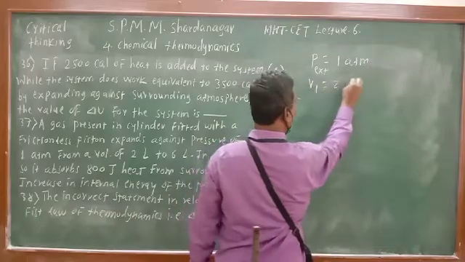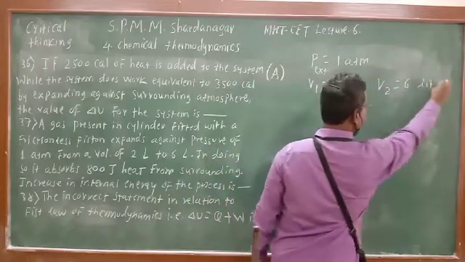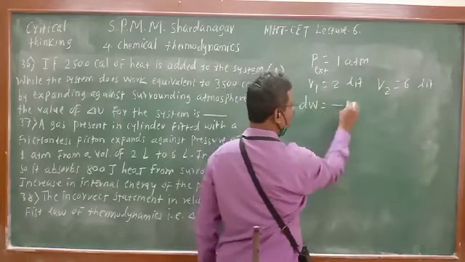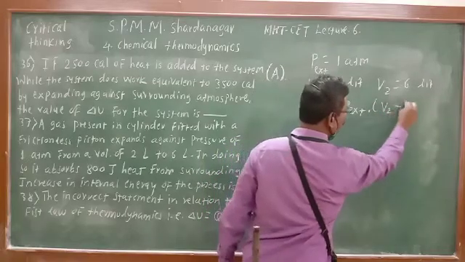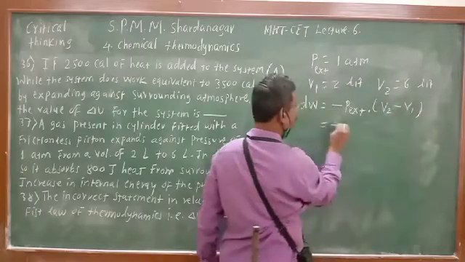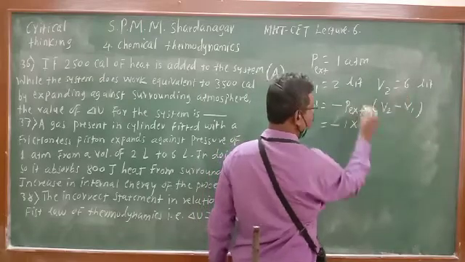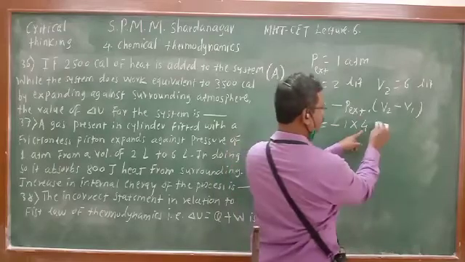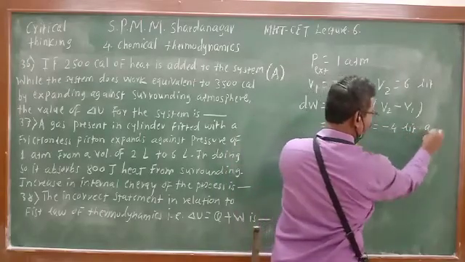V1 2 liter, V2 6 liter. So calculate work done. dW is equal to minus P external into delta V, V2 minus V1. So minus 1 into V2 is 6 minus 2. So minus 1 into 4, or it is equal to minus 4 liter atmosphere.